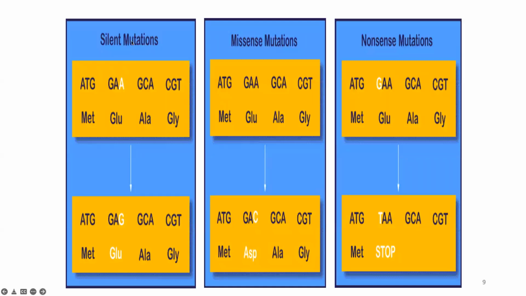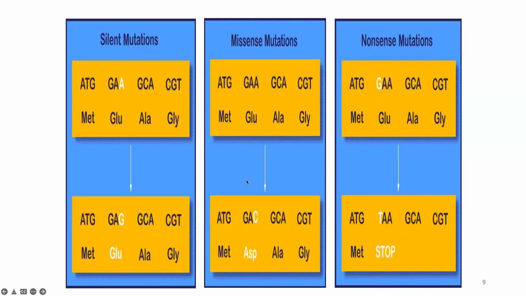So this is another explanation for silent, missense, and nonsense mutations. In the silent mutation, as we can see, it is the same amino acid, and the amino acid following this mutation is still the same. For the missense mutation, it might specify a new amino acid.